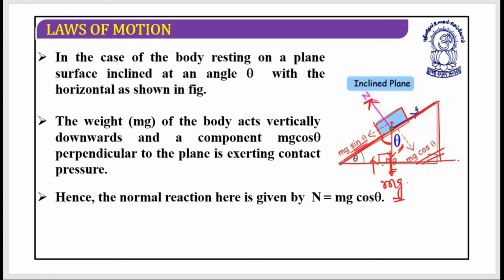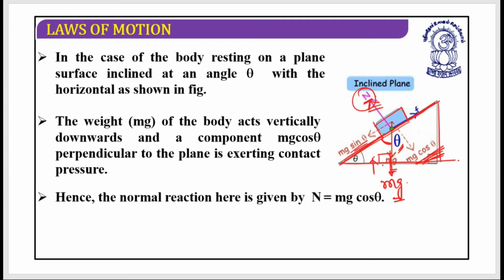If I want to write the conditions of equilibrium, I can say that the normal force is in this direction. Mg cos theta is exactly 180 degrees from the normal force. So if my body is at rest, I can say that N equals mg cos theta, and there is no doubt in it.